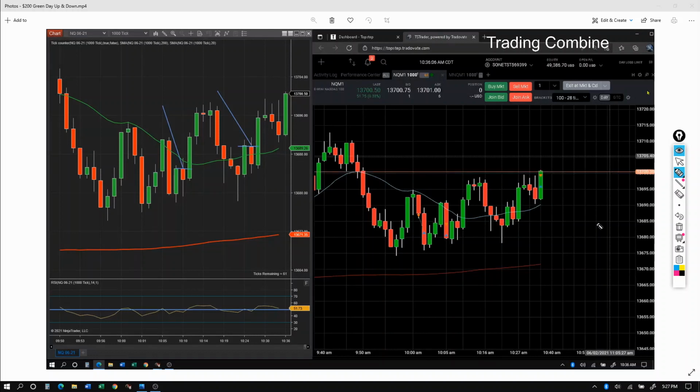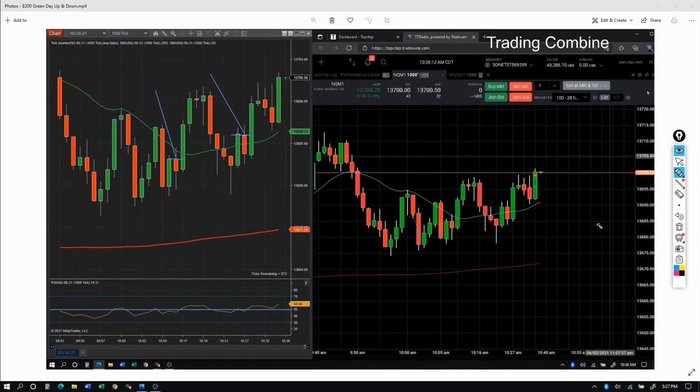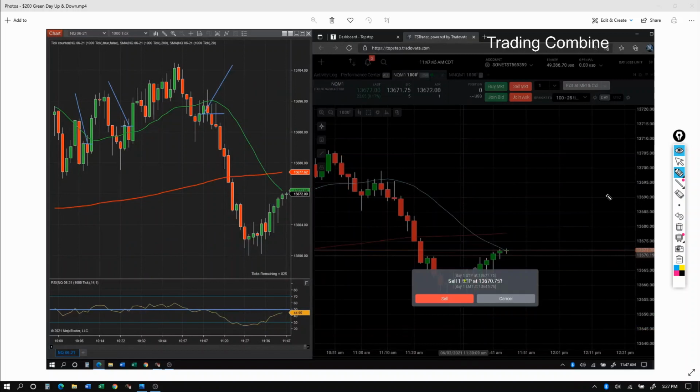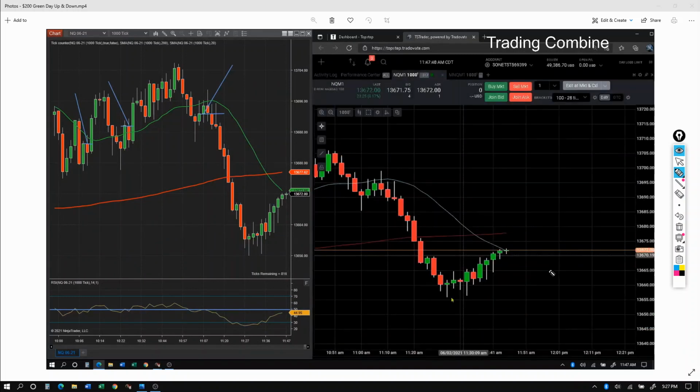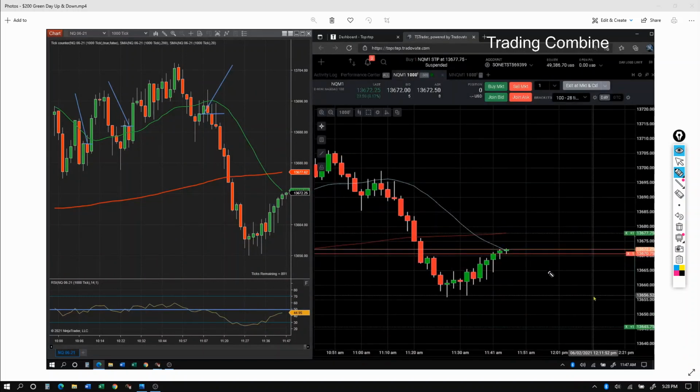Around the lunch period time when things got choppier and slowed down, I decided to take a bunch of trades. How stupid is that? So right here you'll see the first of many bad, poor trades.